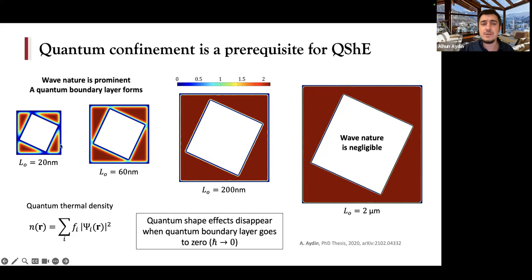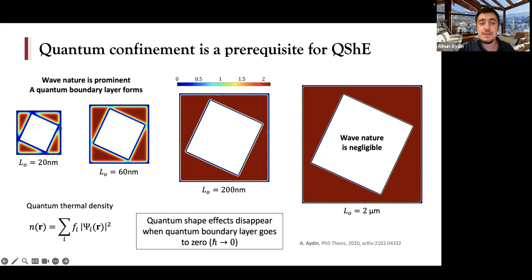Because of the Dirichlet boundary conditions and wave nature of the particles, at such confinements, for example, 20 nanometers was chosen as the length of this box. You see that the density goes to 0 near the boundaries, and the density of the particles is actually maximum where you are the most distant from any boundary inside your domain, right?